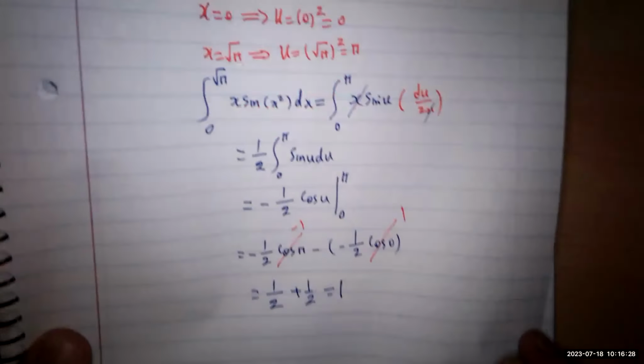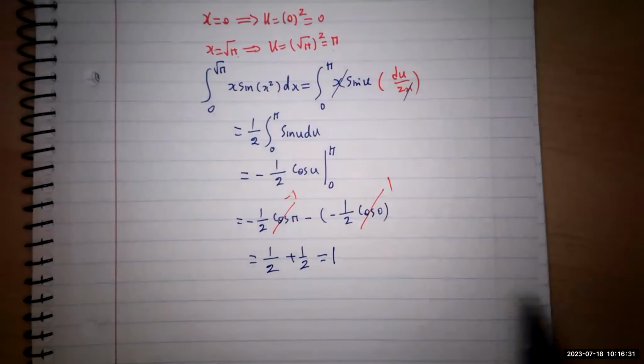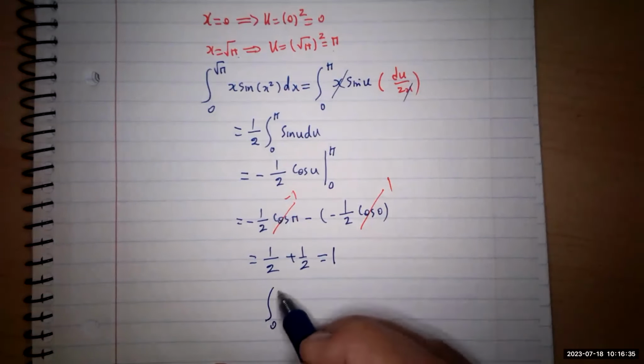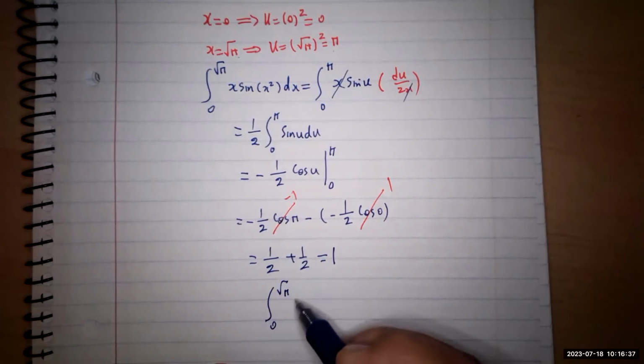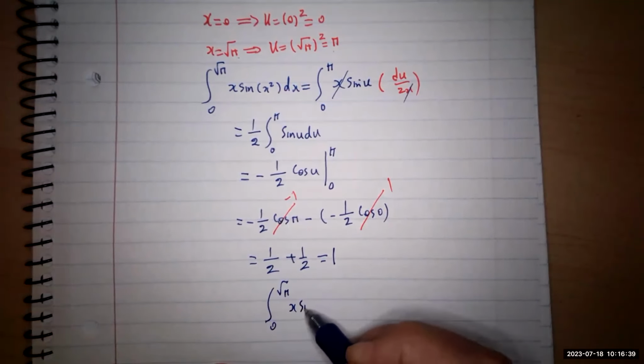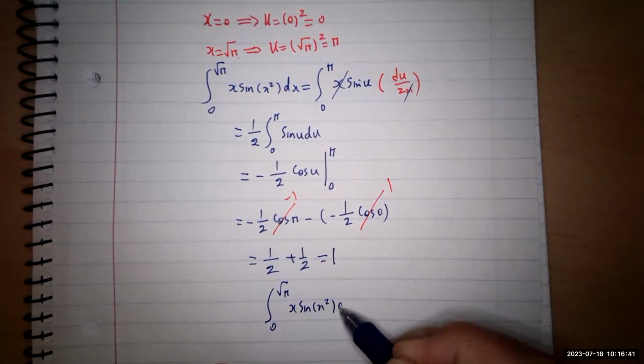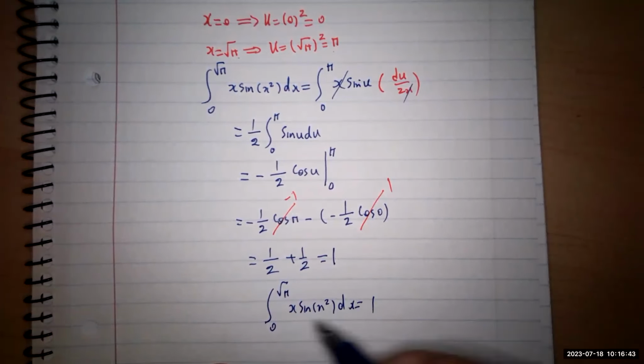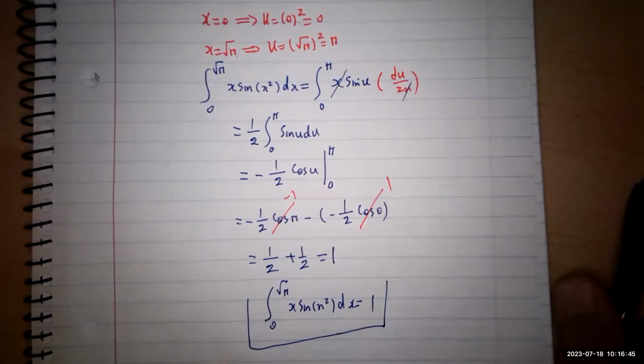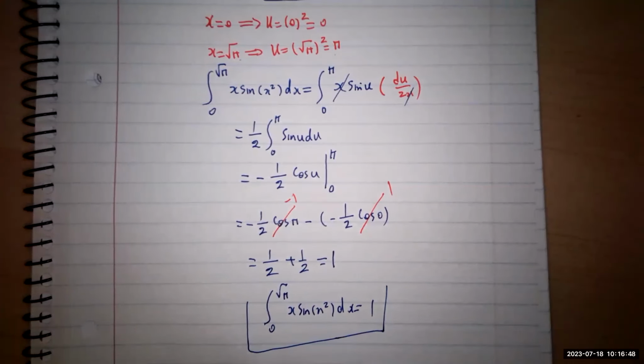So the integral from 0 to radical pi of x sine of x squared dx is equal to 1. And then you're done. This is the way we use the fundamental theorem of calculus.